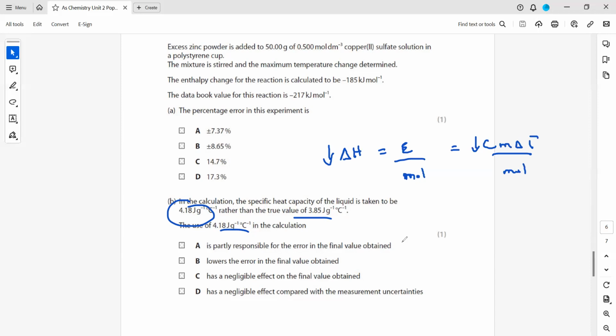It will lower the error in the final value obtained, or has a negligible effect on the final value obtained, or it will have a significant effect, so we cannot say.